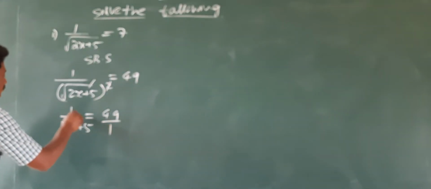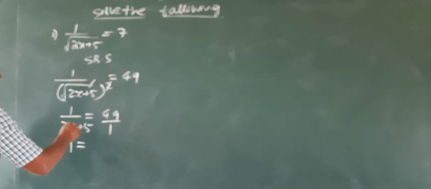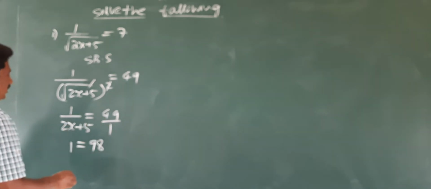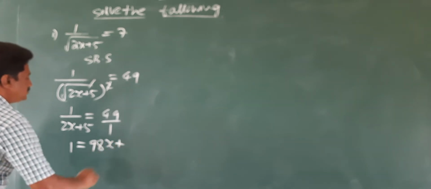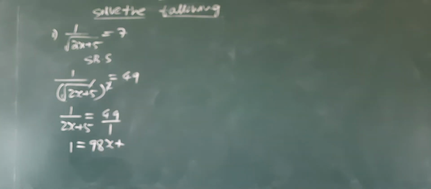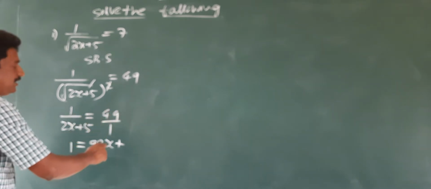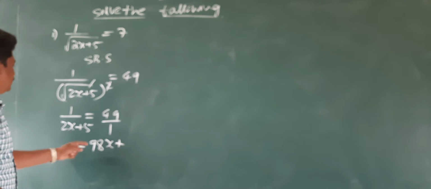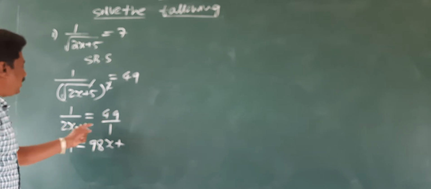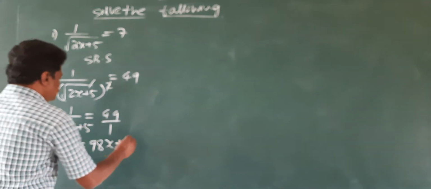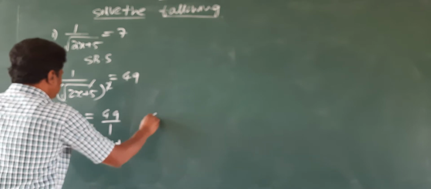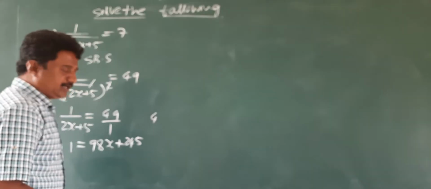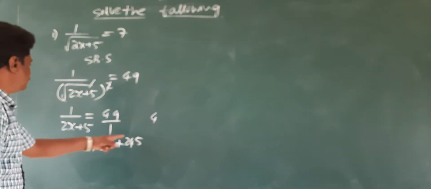Cross multiply. 1 ones are 1. 49 twos are 98x, 49 fives are 245, correct?